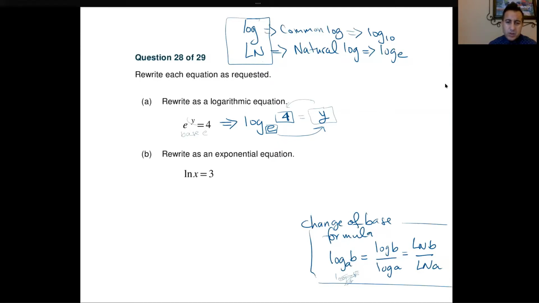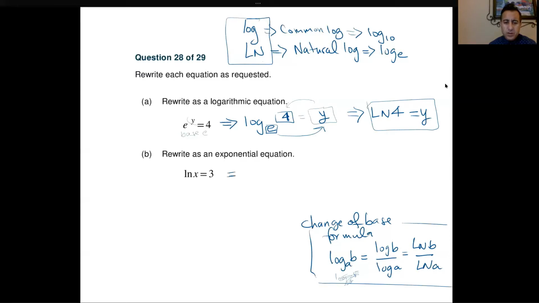And once we do this, we talked about this log with base e is ln, so we can change it and just say, yeah, we dropped this because it is this. All right, so that's the answer for that one.